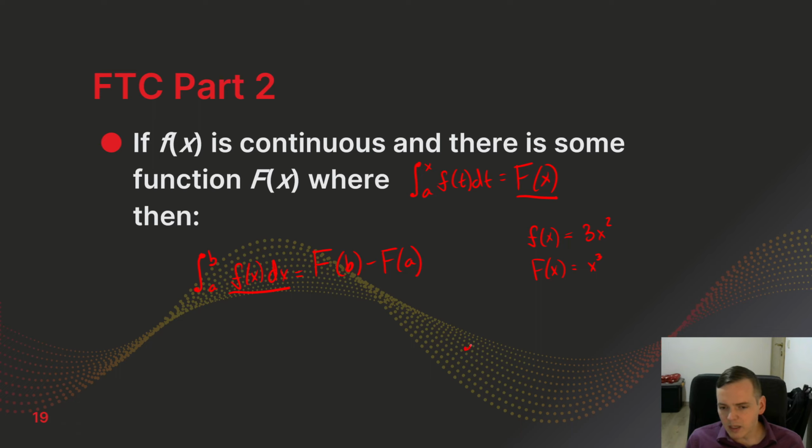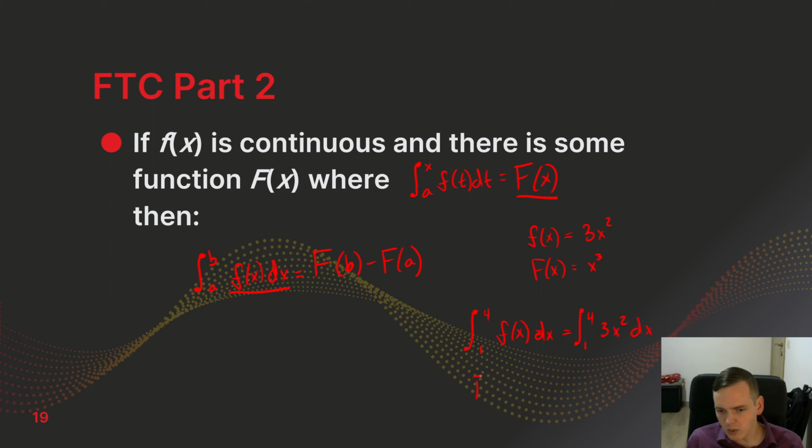Then if we want to integrate from, say, 1 to 4 of little f of x dx, that's going to equal the integral from 1 to 4 of 3x squared dx.